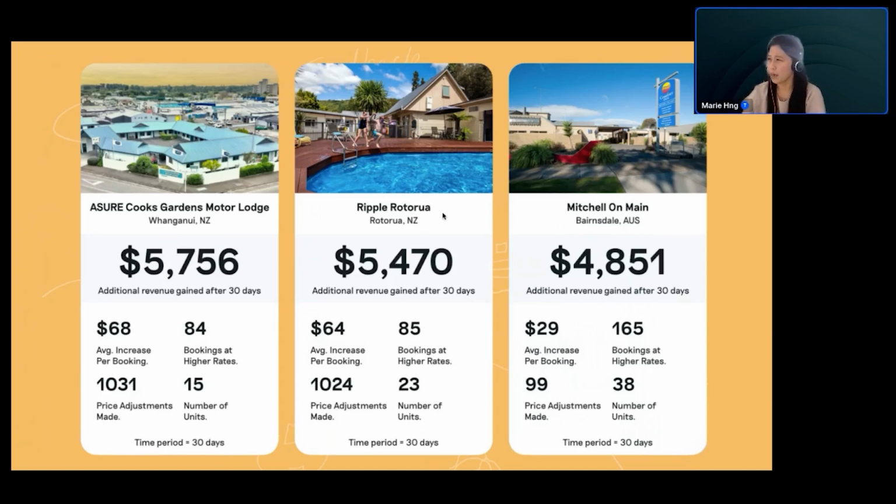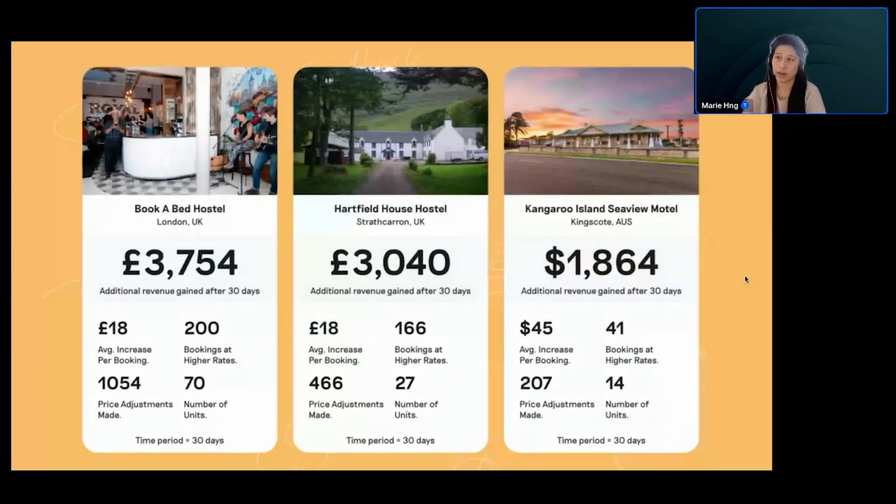Okay. The other thing I wanted to point out is the number of units, and also the location of these properties. You'll see that we've got a variety of different properties all located all over the world. You'll also notice that the size of the properties has not impacted, I guess, how much revenue they've earned. It has made an impact regardless of the size of the property, regardless of the location.